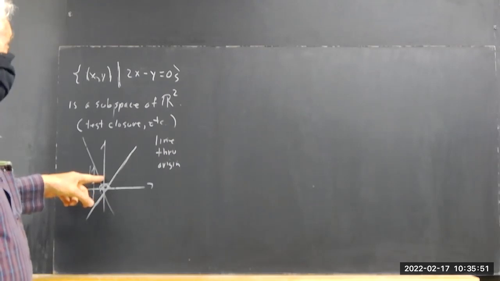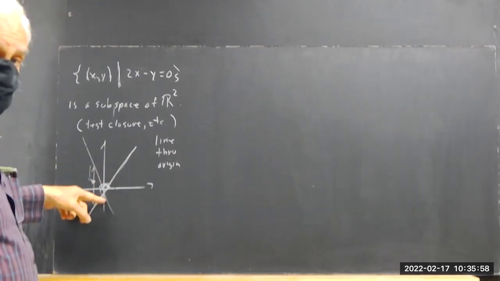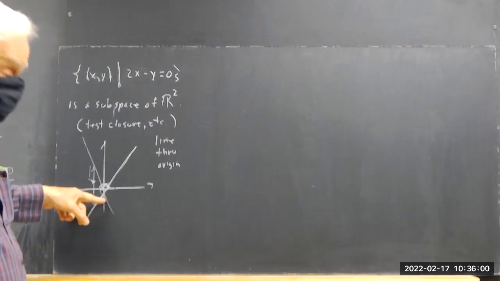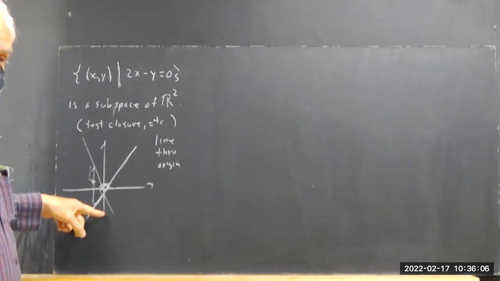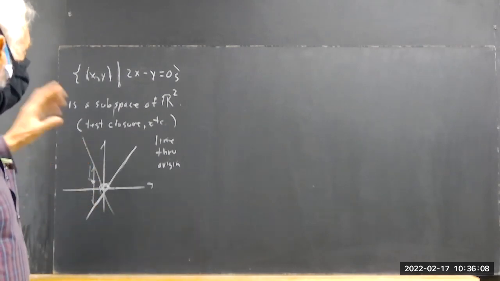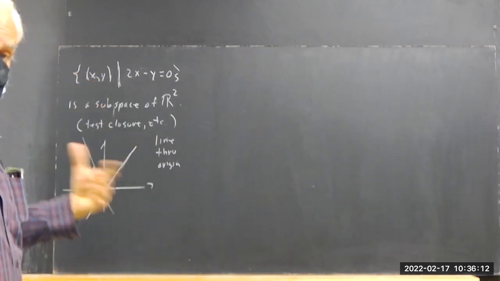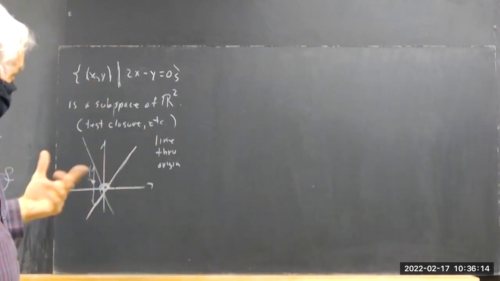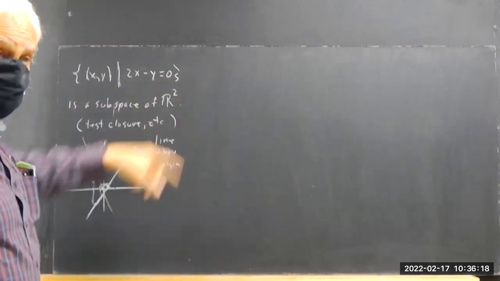So if you add them, the sum has to go through 0, -2. Also, if you multiply the coordinate pair by 0, you're going to get 0, and it doesn't satisfy this anymore.